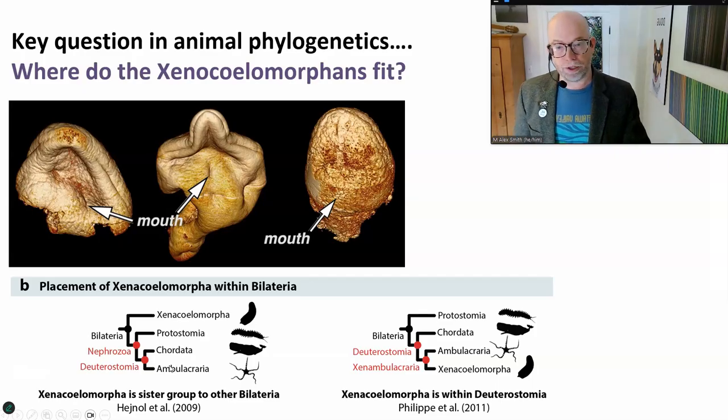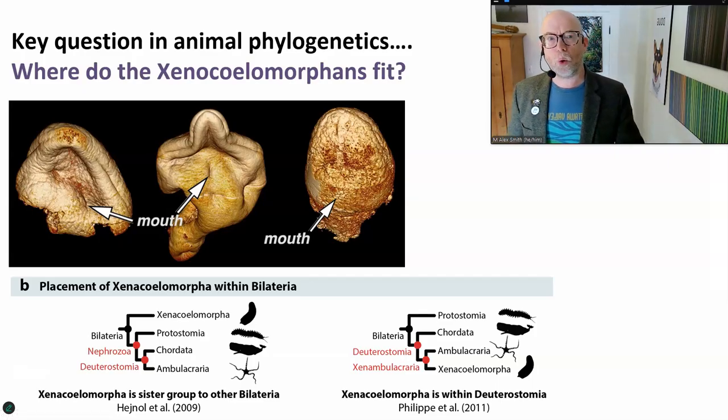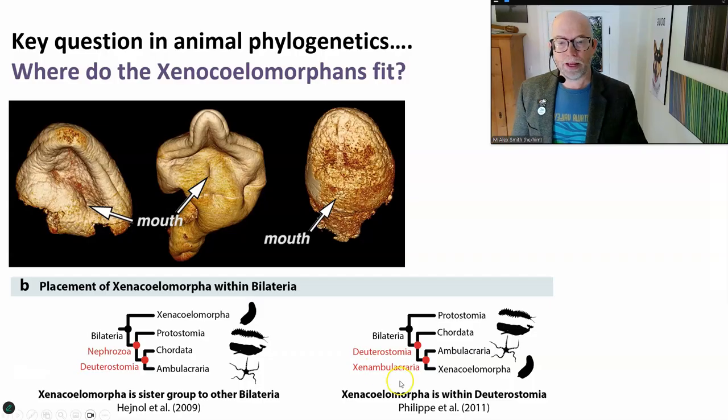The other phylogenetic hypothesis is quite a bit different, and it suggests that the Xenacoelomorphs are actually a group within the deuterostomes. That's kind of bananas, because it essentially blows up this group here. So right here, see the nephrozoa?